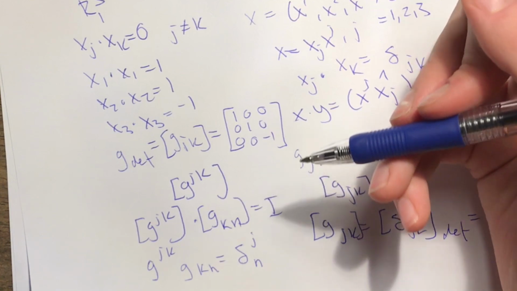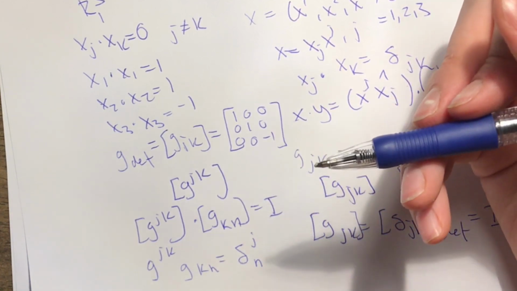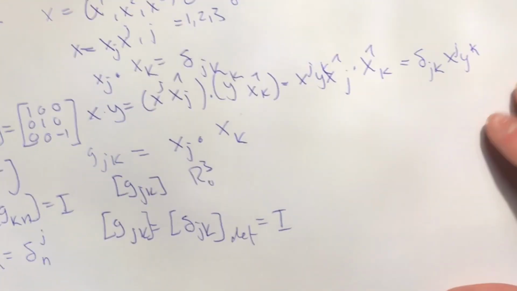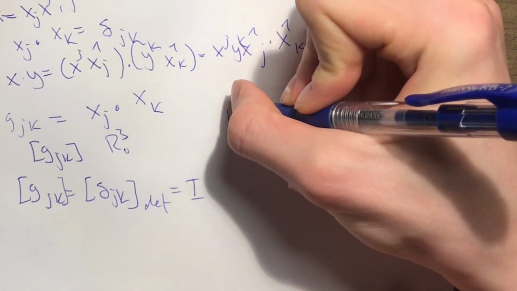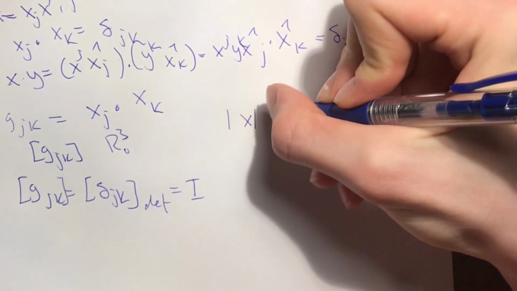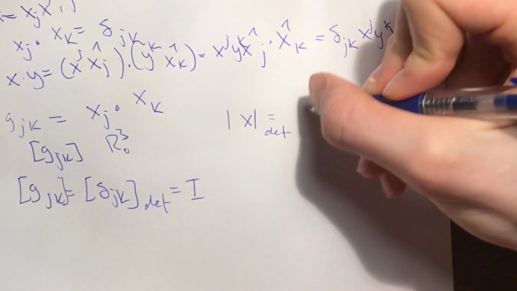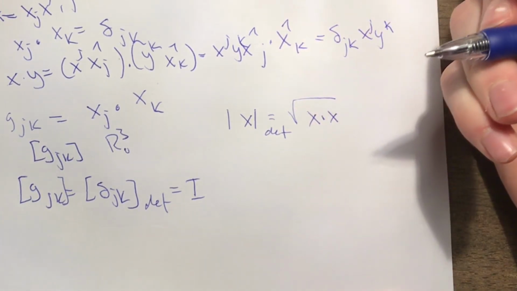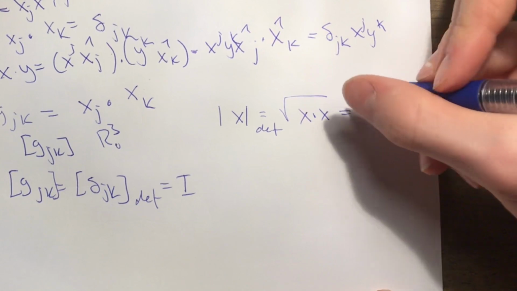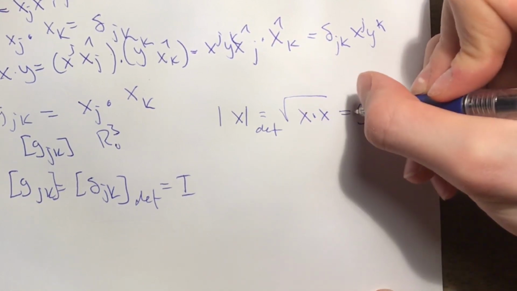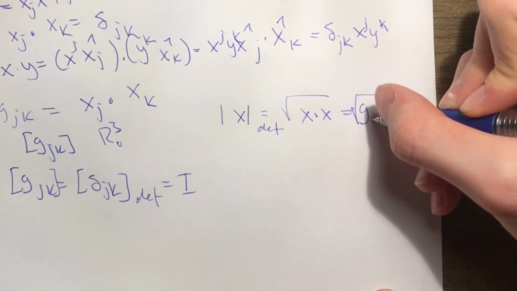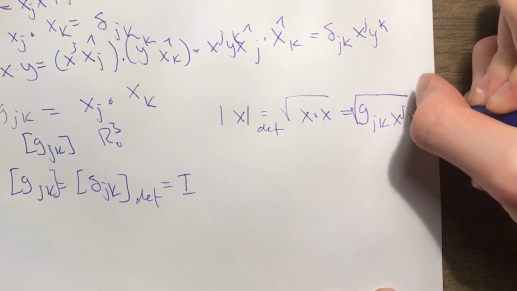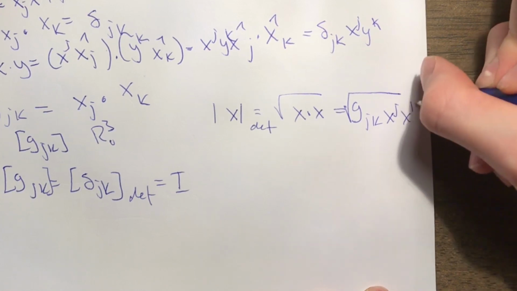We define the norm of a point x in an inner product space by the relationship: the norm of x, by definition, is equal to the square root of the dot product of x and x, which is equal to the square root of gjk times xj xk.